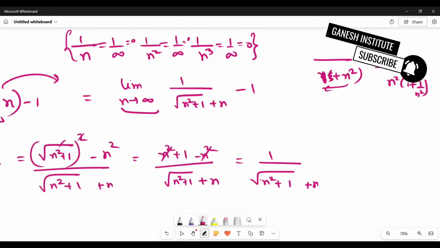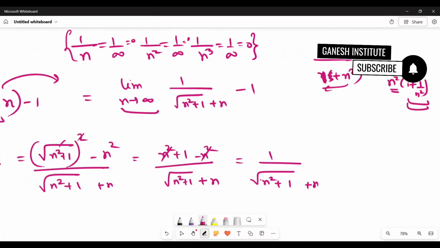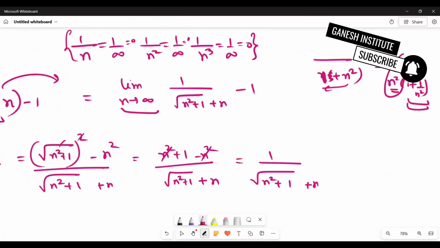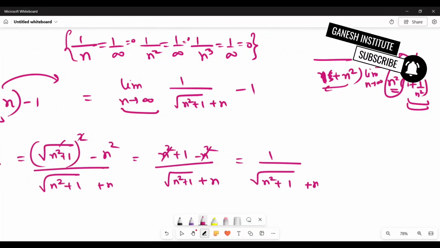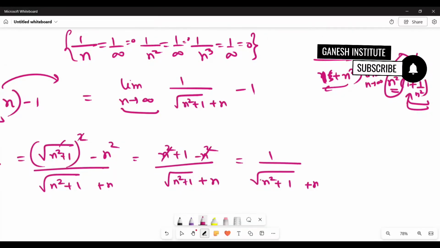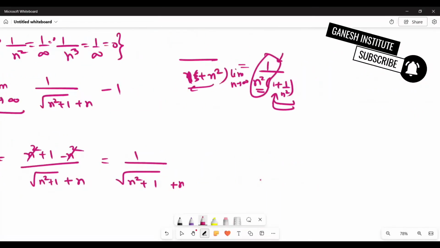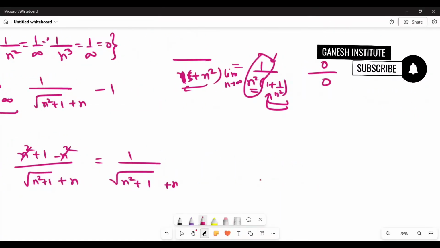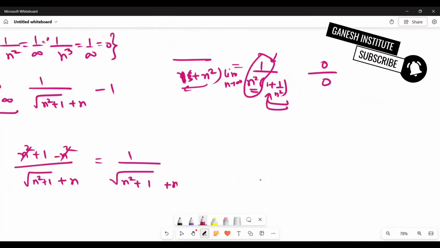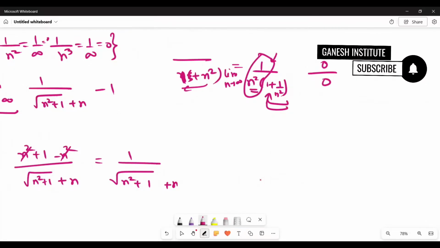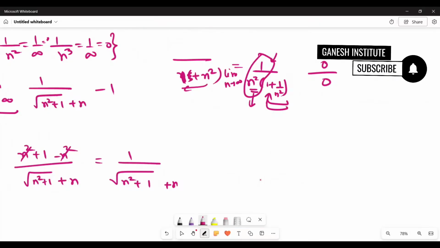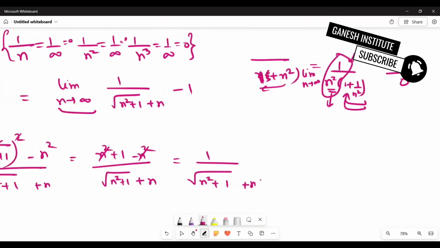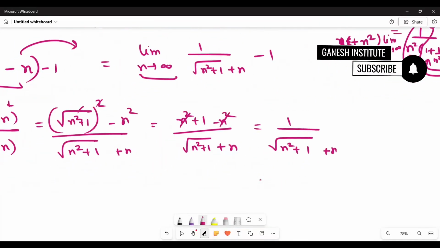You take out n square and make this form, because then you have 1 by n square, as limit n tends to infinity, this will be 0. Though I have to check, because 0 by 0 I can't form; I need to separate it or factorize it or whatever. But you try to make the common thing which you should get is 1 by n form, 1 by n square form. Okay?